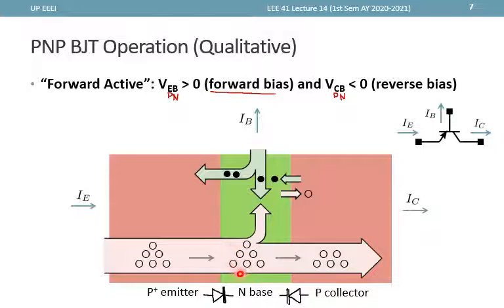So we want most of these carriers to get to the other side. Now, once they recombine at the base, so this hole here will recombine with this electron here, and that represents some current that is not able to get to the collector.